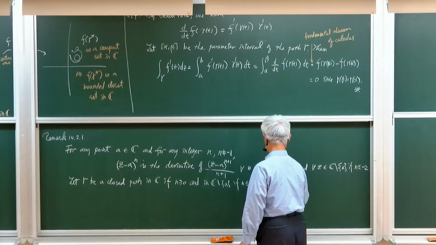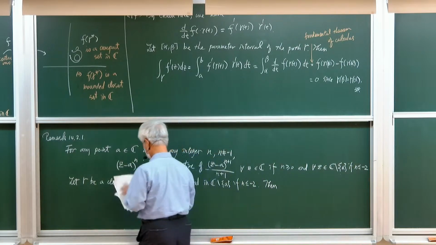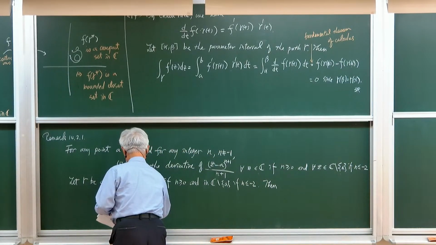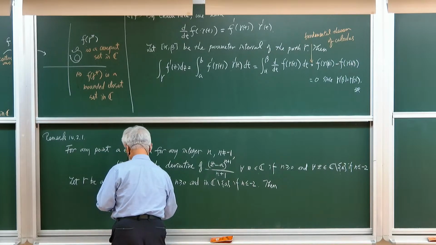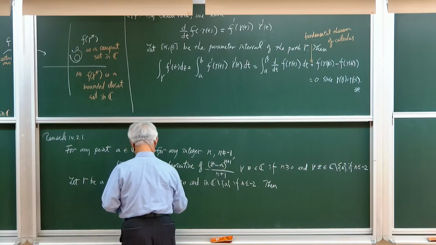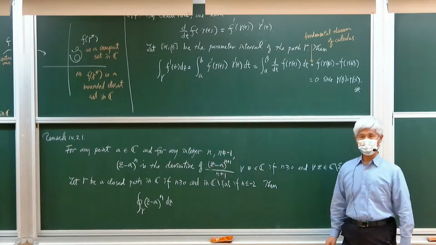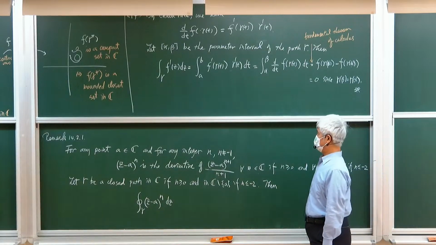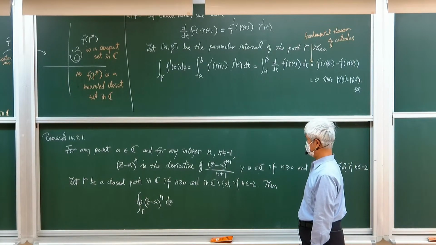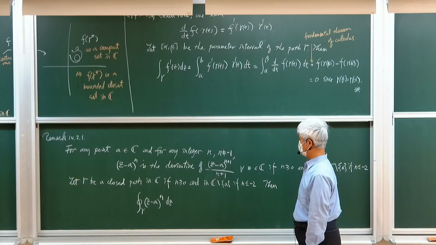Then we look at the line integral of z minus a to the nth power dz. Now we look at this one.